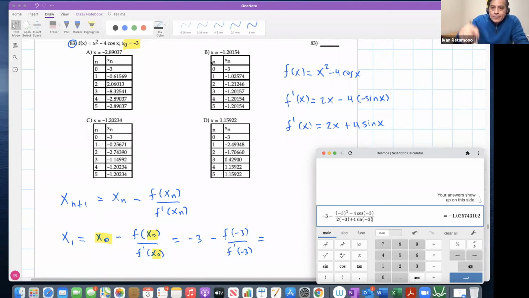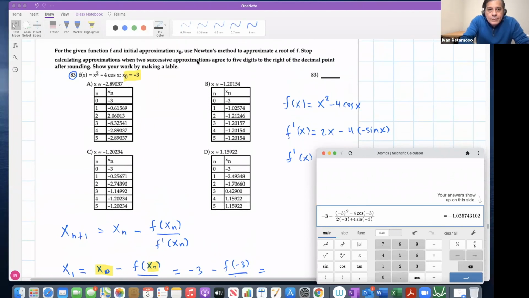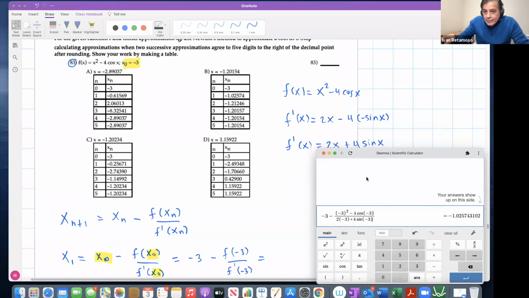Now, of course, you can continue working and get the other values. I can do one more for you to see. Notice that they are asking you here to round it to how many decimal places? 5 decimal places. So that's what we're gonna do: take 5 decimal places and do the rounding. So 1, 2, 3, 4, 5. So up to 4.